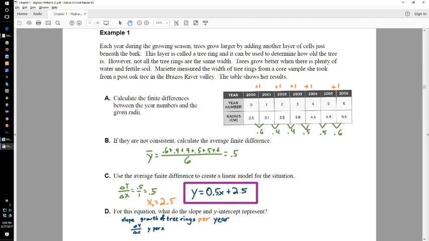I didn't put that in a sentence. So let me erase this. I'm going to back up a little bit.